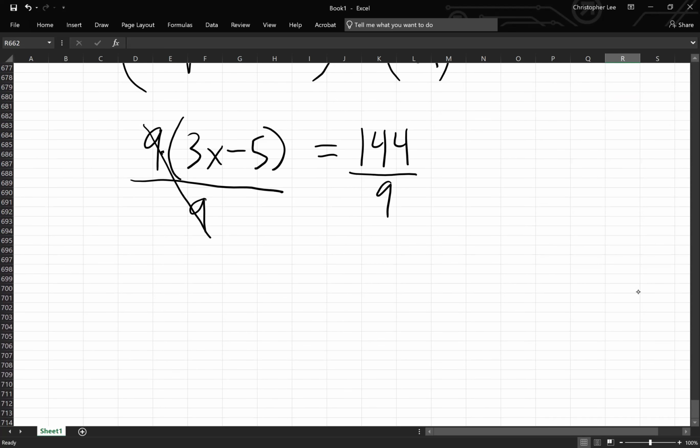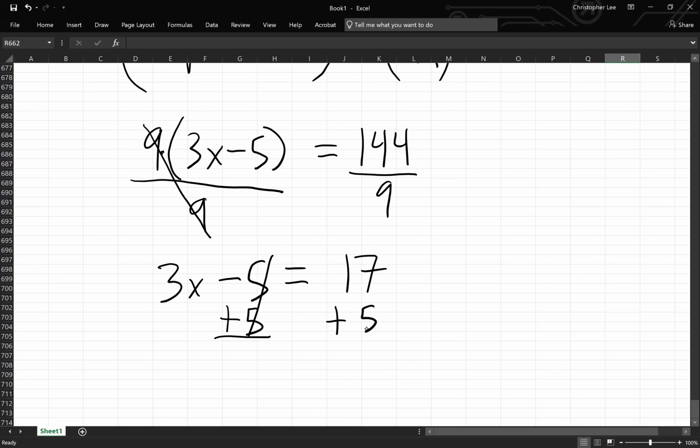What is 144 divided by 9? Say it again? 16, okay. And then just finish solving for x, right? You're going to add 5 over here. What you do to one side, you do to the other. 3x equals 21. Is that 21?